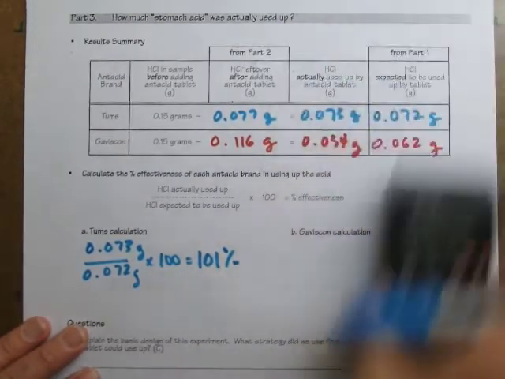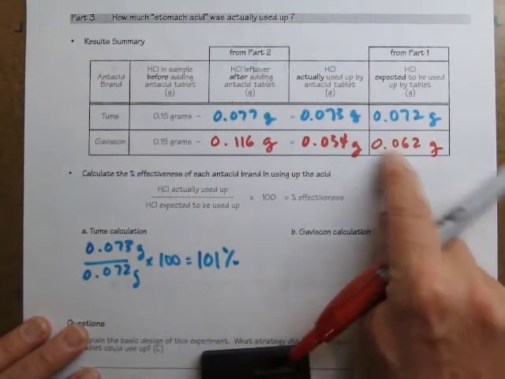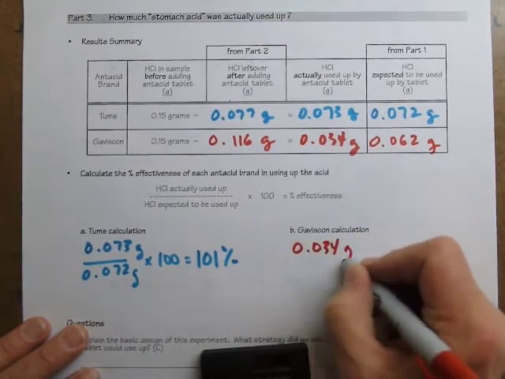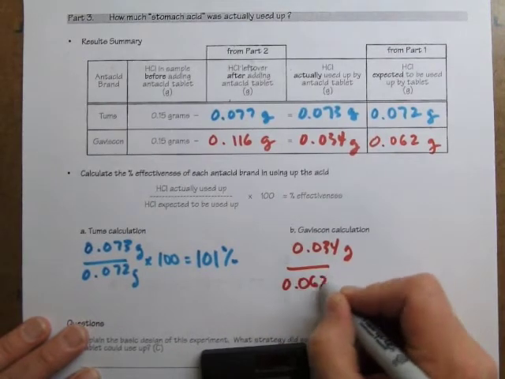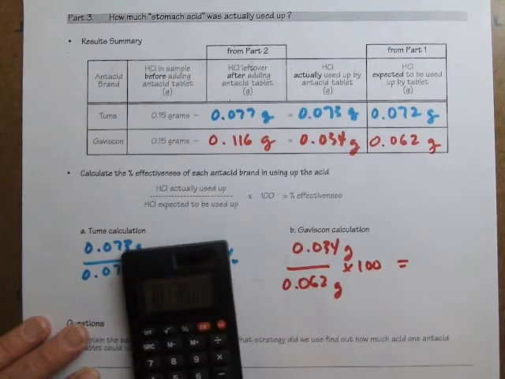Let's check out the Gaviscon. So the Gaviscon, let's see, we actually used up 0.034 grams of acid. How much we expected was more, 0.062 grams. Times 100 to make it a percent. Let's see.